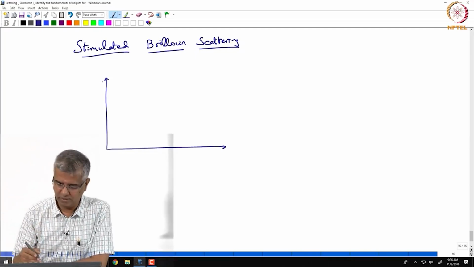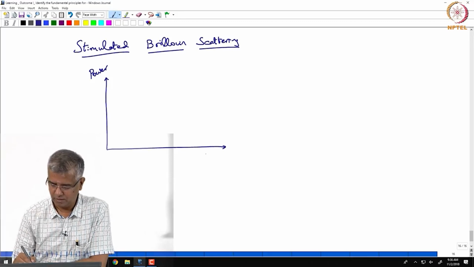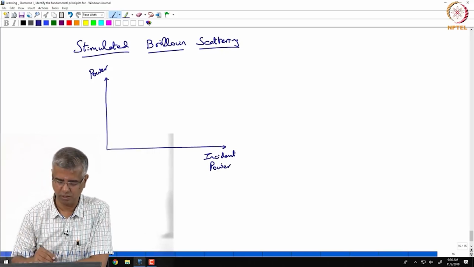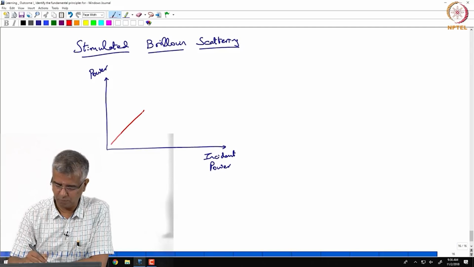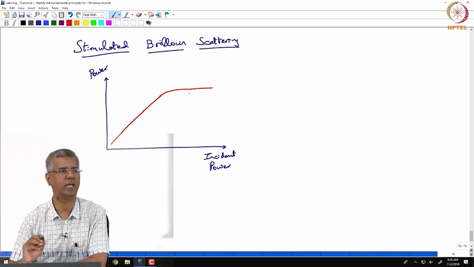But in this case, in an optical fiber communication system, let's say this is the incident power, that's the power that's launched into the fiber. As you increase your incident power, the transmitted power is also going to increase linearly, and beyond a certain point it will just saturate.